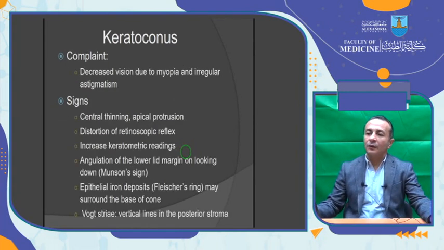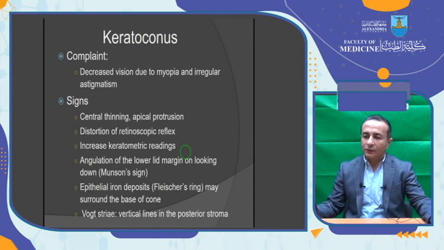So what does a patient with keratoconus complain of? Due to the steepening of the cornea, there will be decreased vision due to myopia and irregular astigmatism.